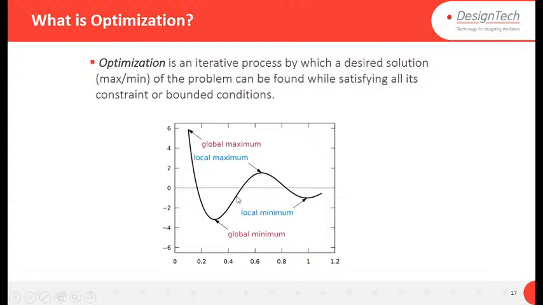If you have to optimize this curve, we will have two kinds of solutions, either maxima or minima, or global maxima or global minima. It depends on you whether you are going for maxima or minima, or for global maxima and minima. So the main objective of optimization and global optimization is to extract the maxima or minima. Okay, this is optimization.